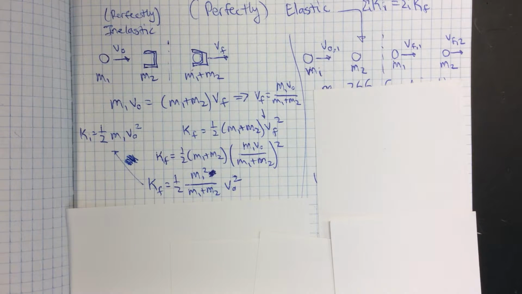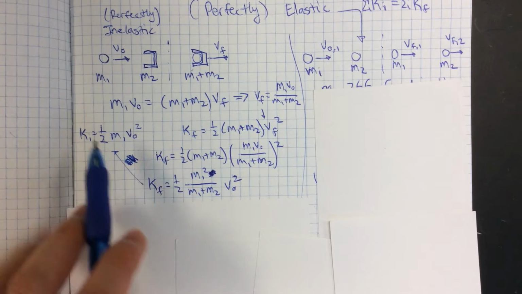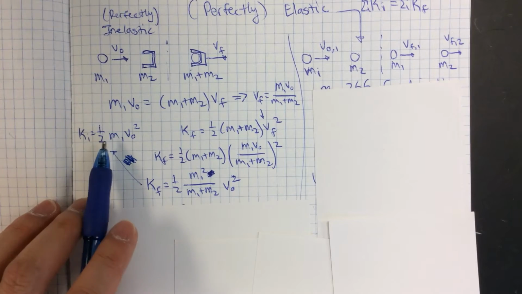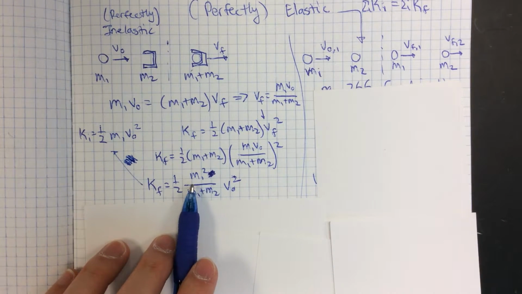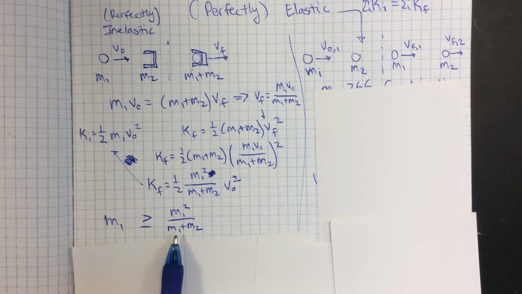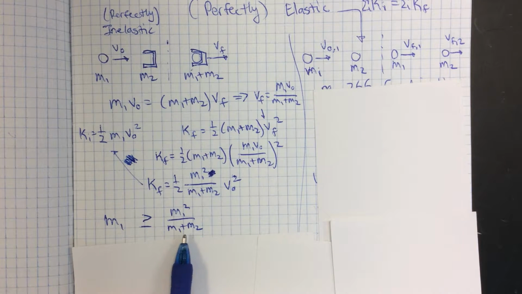Okay. So what we want to do is compare the initial kinetic energy to the final kinetic energy. How are they not equal? Well, what terms are they different? This has m1, this has this big middle term. If we think about that middle term, m1 will always be greater than or equal to this term. Let's think about that for a second. Think of the extreme case when m2 is 0.